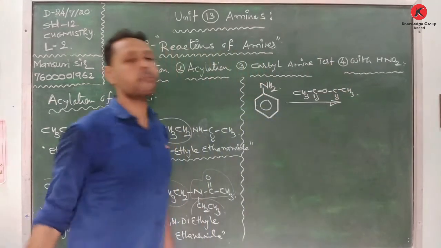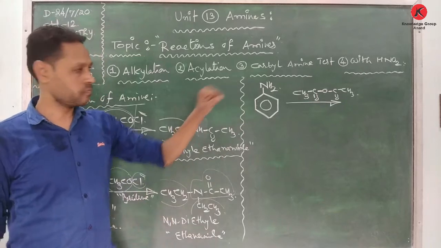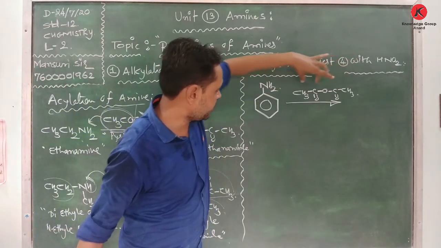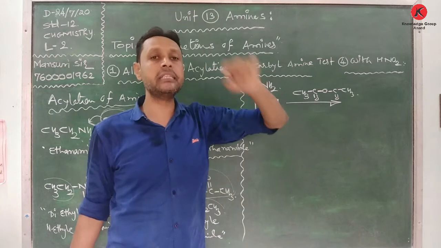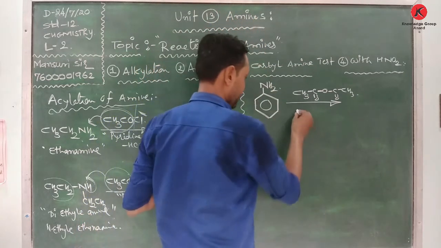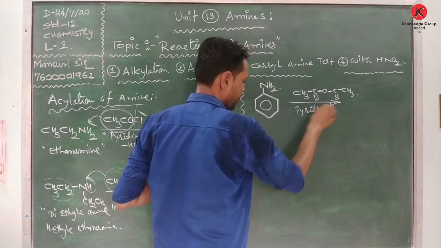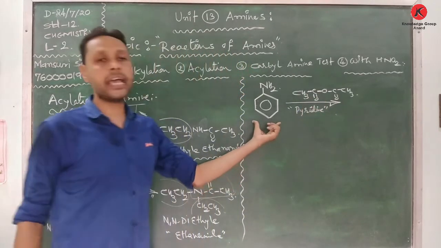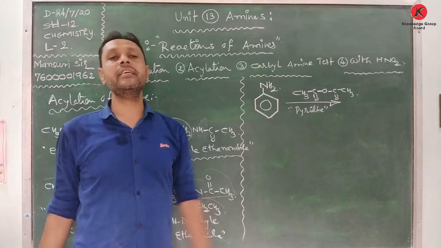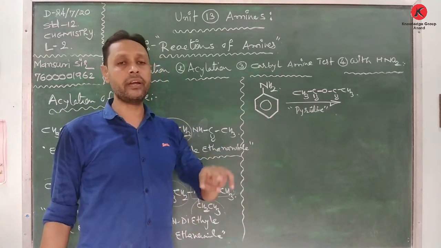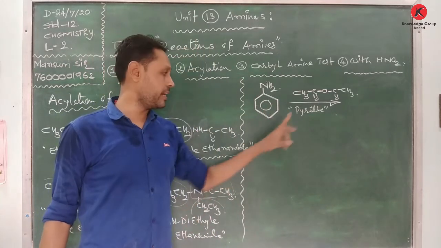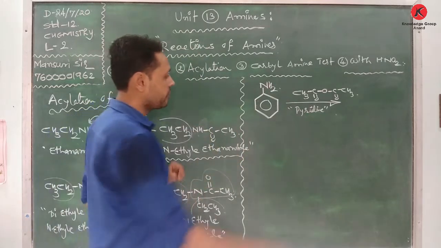Now, what is the name of this compound? This is ethanoic anhydride. When aniline reacts with ethanoic anhydride, or acetic anhydride, in presence of pyridine, then what will form?